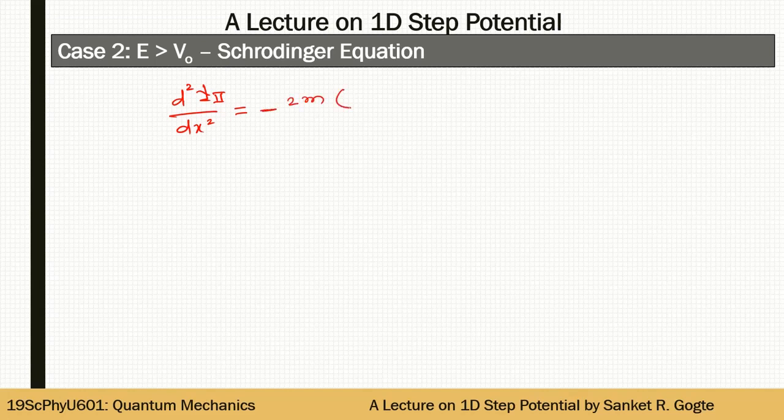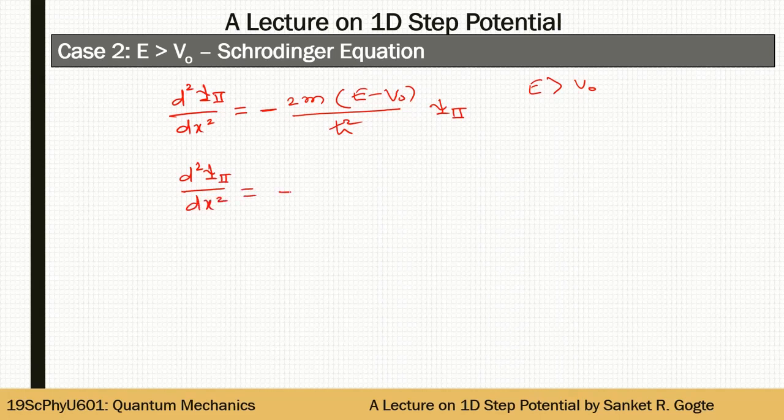2m (E minus V0) divided by h cross square into psi 2, where E is greater than V0, and therefore this equation can be written as d2 psi 2 by dx2 is equal to minus k prime square psi 2, where k prime is the square root of 2m (E minus V0) divided by h cross square.